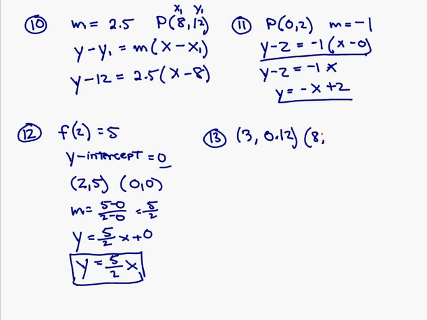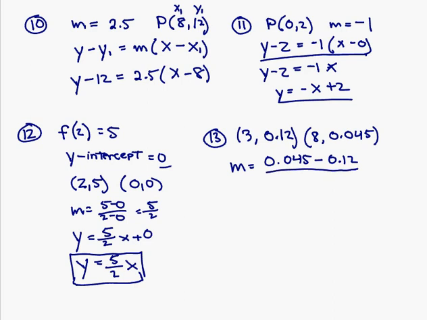So it looks like we need to find slope. So we can go, let's see, so we have m is equal to 0.045 minus 0.12 over 8 minus 3.